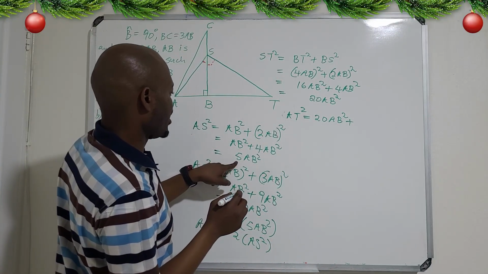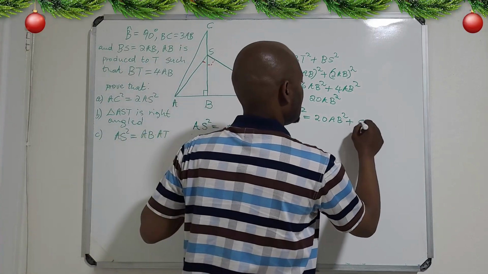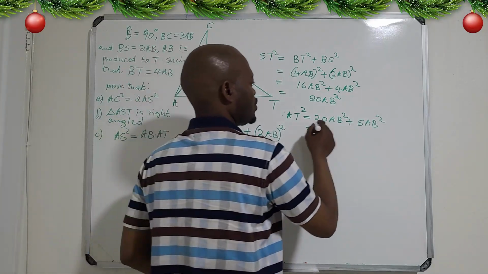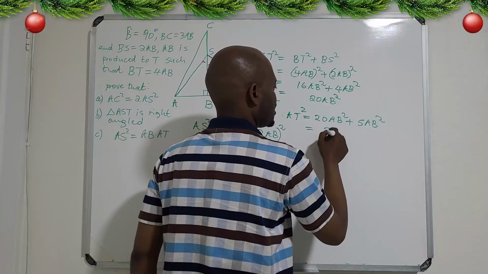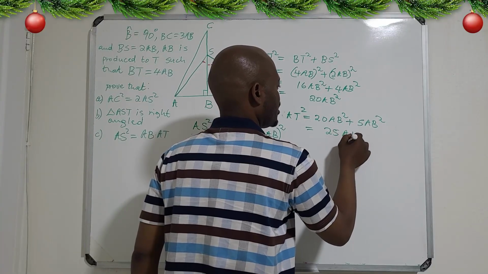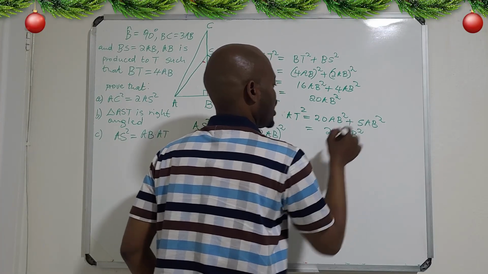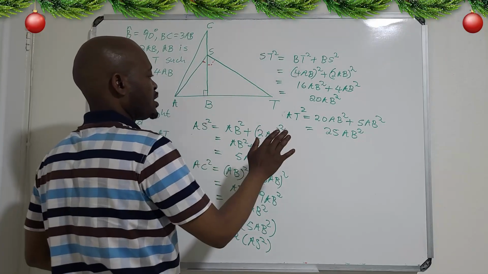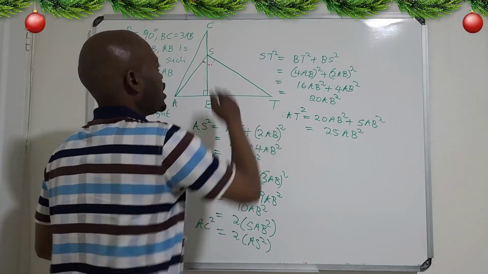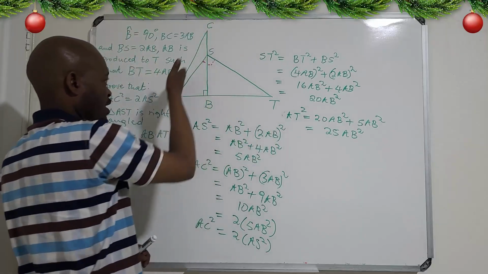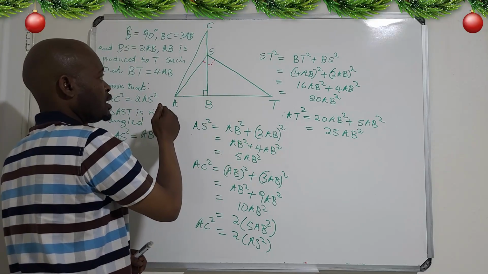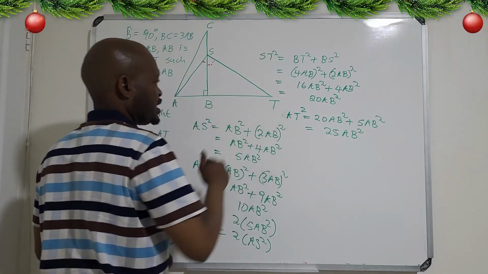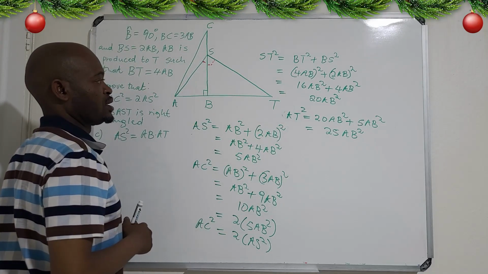AS squared there is 5AB squared, which gives 25AB squared. But now, we have used Pythagoras. This all squared plus that all squared must give us that all squared.